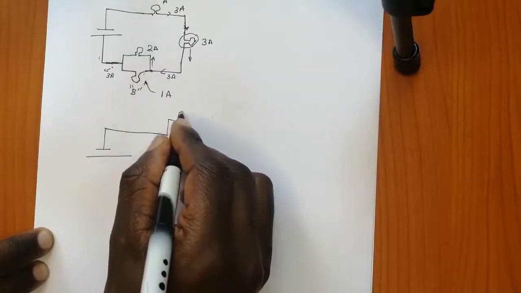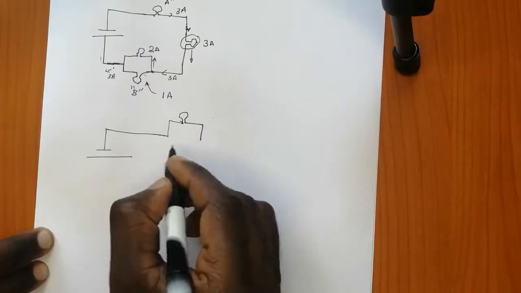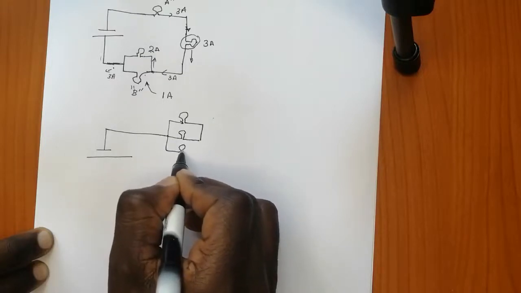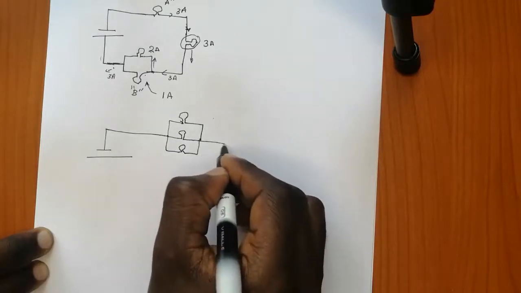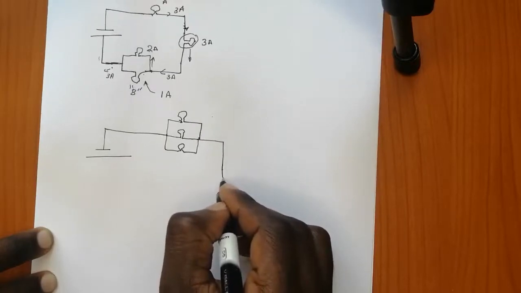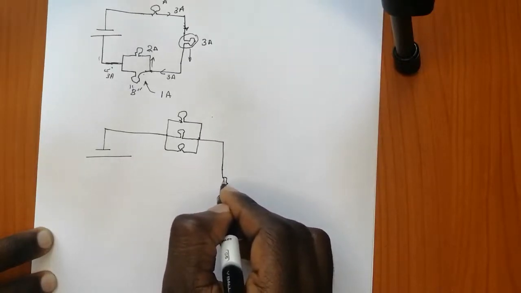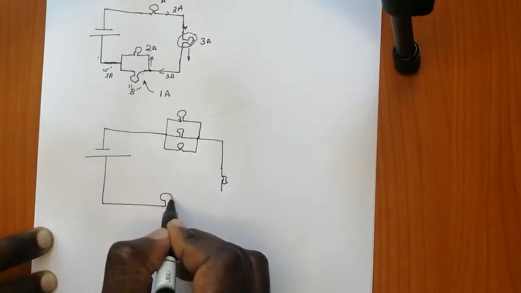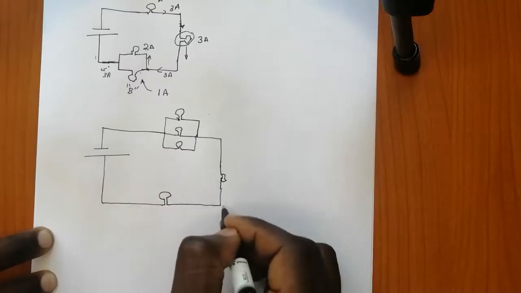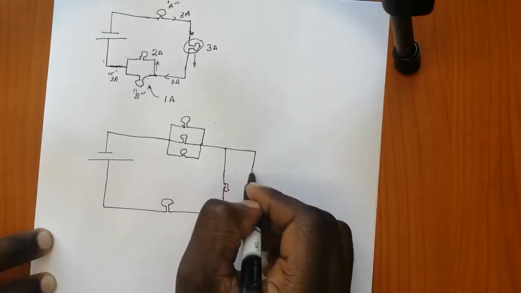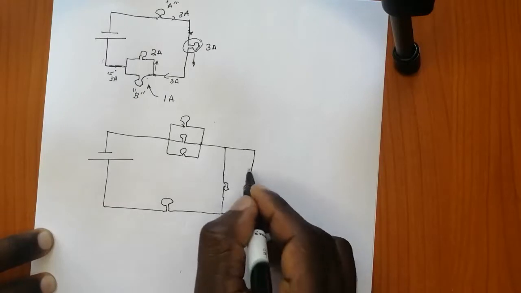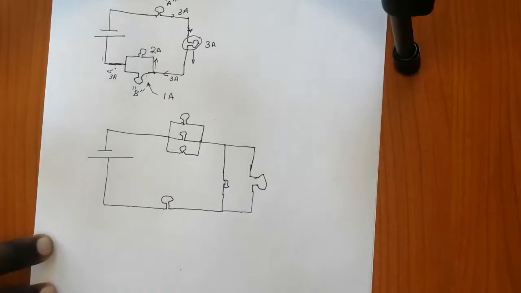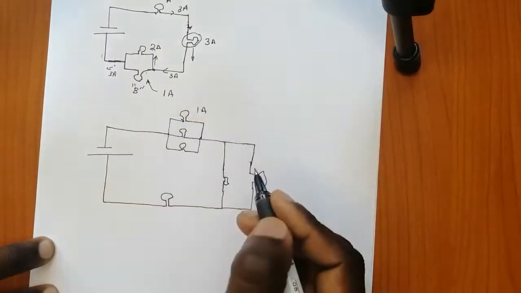You have this bulb, and you also have this bulb, another bulb. Let's put another bulb here. Another bulb here. And for curiosity, let us put another bulb parallel to this one. And let's say this one is 1 ampere.